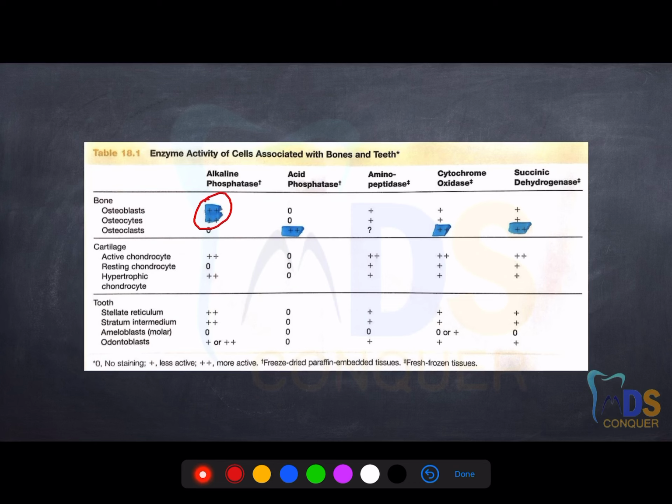Clasts cause resorption; they have acid phosphatase that is more active, right? Similarly, clasts will have more cytochrome oxidase and more succinic dehydrogenase. So please do make a note of all these things which can be asked in the examination.